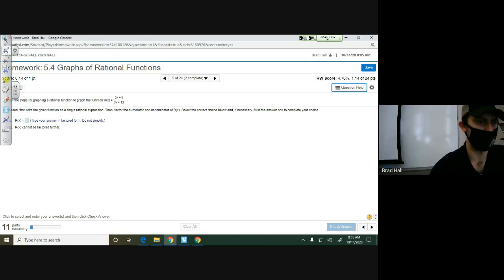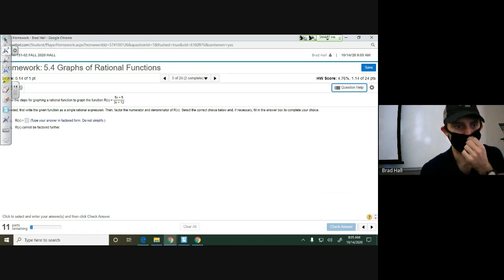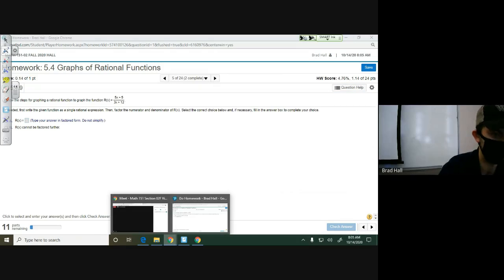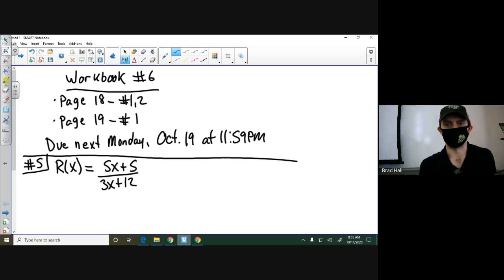And we have to write the given function as a single rational expression and then factor the numerator and the denominator. Okay, so that's the first rule. It wants us to first write it as a single rational function, which means a single fraction, which it's already in. So that part's already okay.